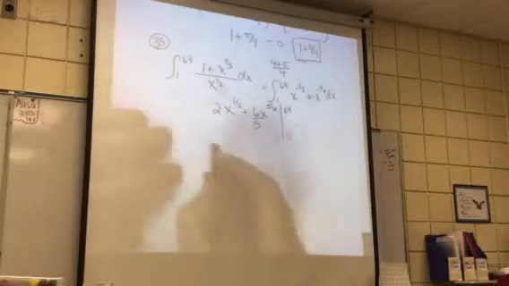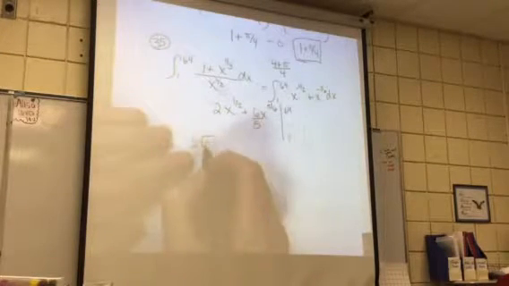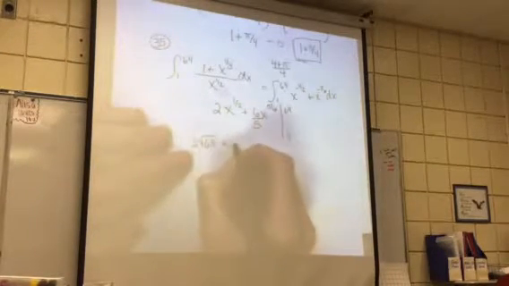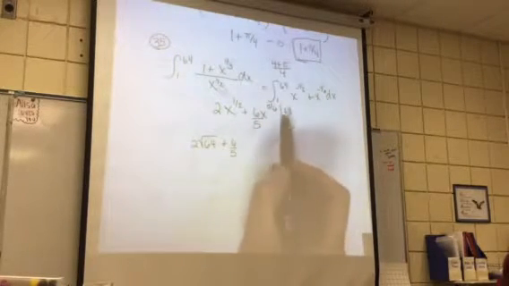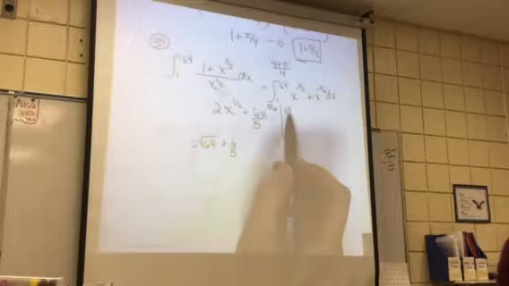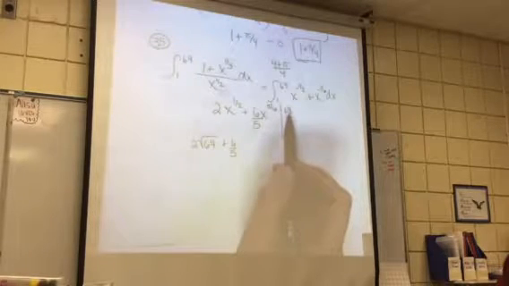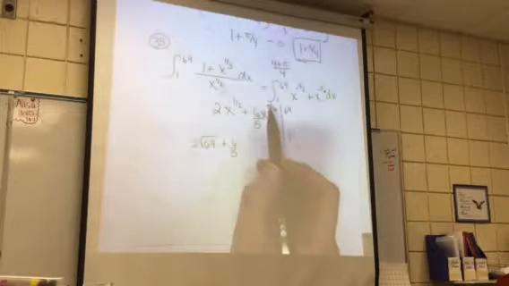So this would be 2 square root of 64, which is 16, you're right. Plus 6/5, now this is going to be the 6th root of 64, which is what? You should know that without a calculator. 2. Okay, and then 2 to the 5th would be 32.